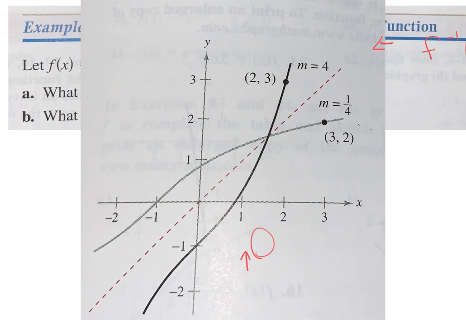Now they want to know, how then do I find the derivative of the inverse? And we're going to go back to the derivative of the inverse formula. We're going to say that is 1 over this guy right here.